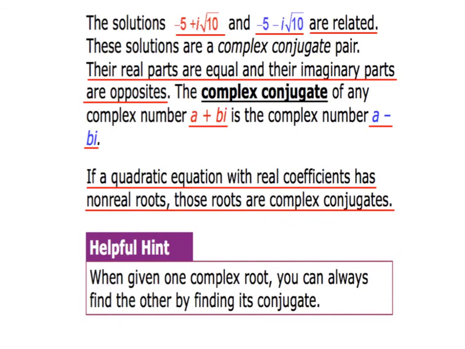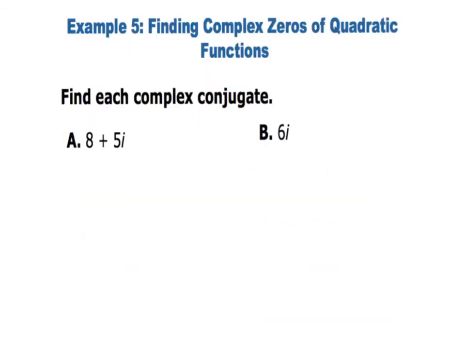All right, let's move on. So let's apply what we've just learned, and I want you to find the complex conjugate. So here we go. I have complex roots here. It's 8 plus 5i. So I know that its complex conjugate is also going to be a root. So what is the complex conjugate of 8 plus 5i?